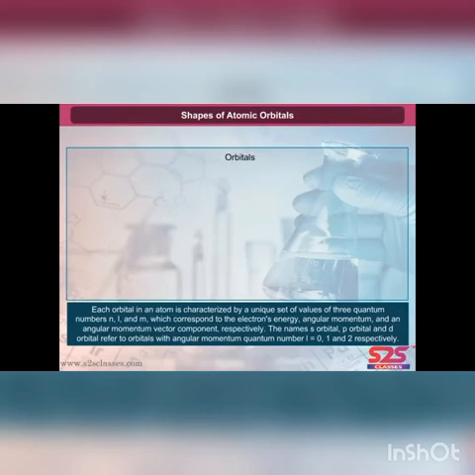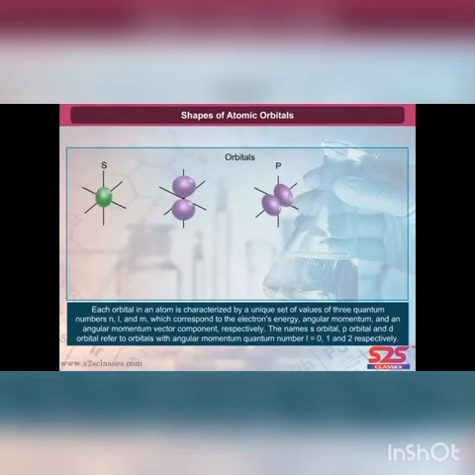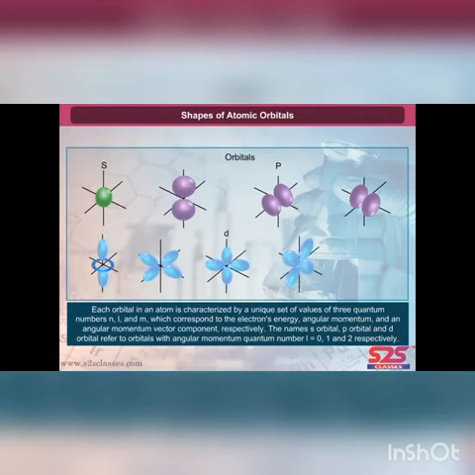Each orbital in an atom is characterized by a unique set of values of 3 quantum numbers n, l and ml, which correspond to the electron's energy, angular momentum and an angular momentum vector component respectively. The simple names s orbital, p orbital and d orbital refer to the orbitals with angular momentum quantum number l equal to 0, 1 and 2 respectively.